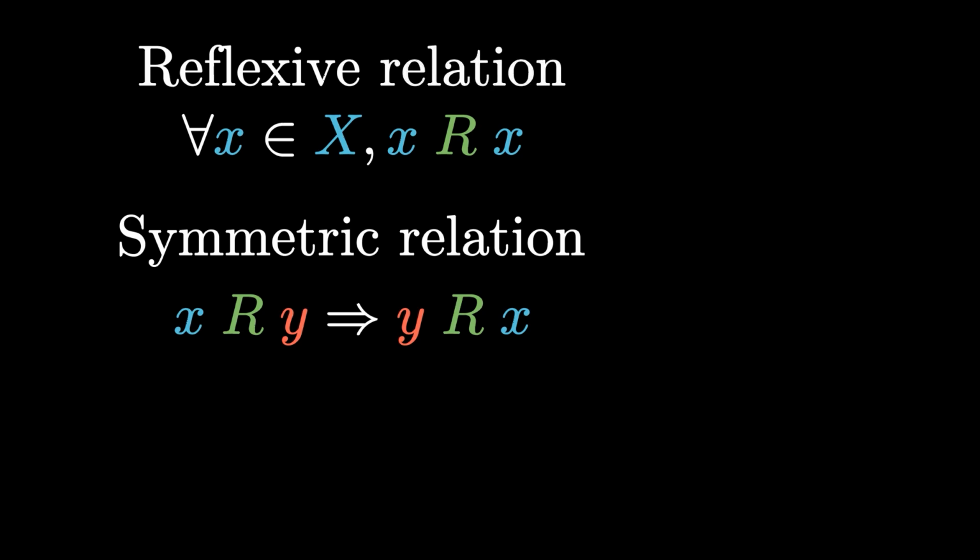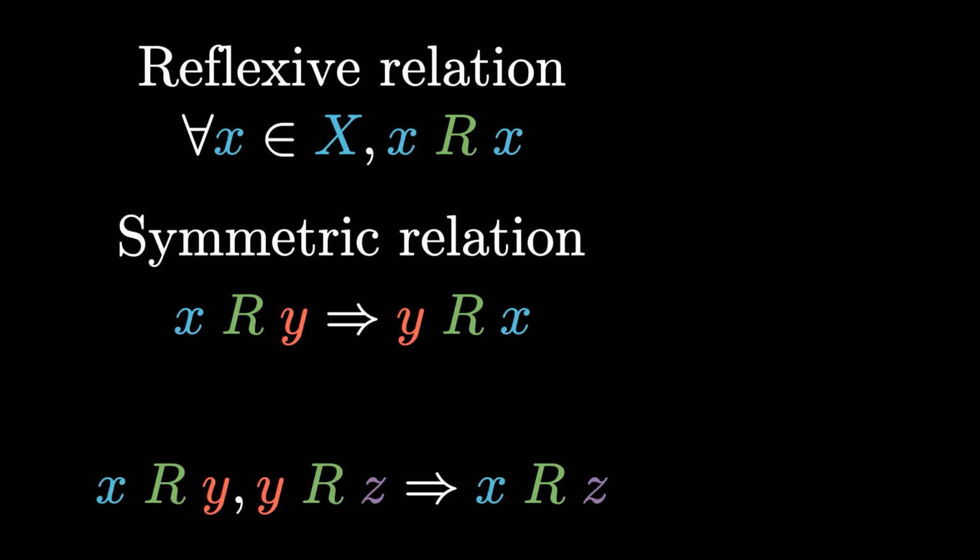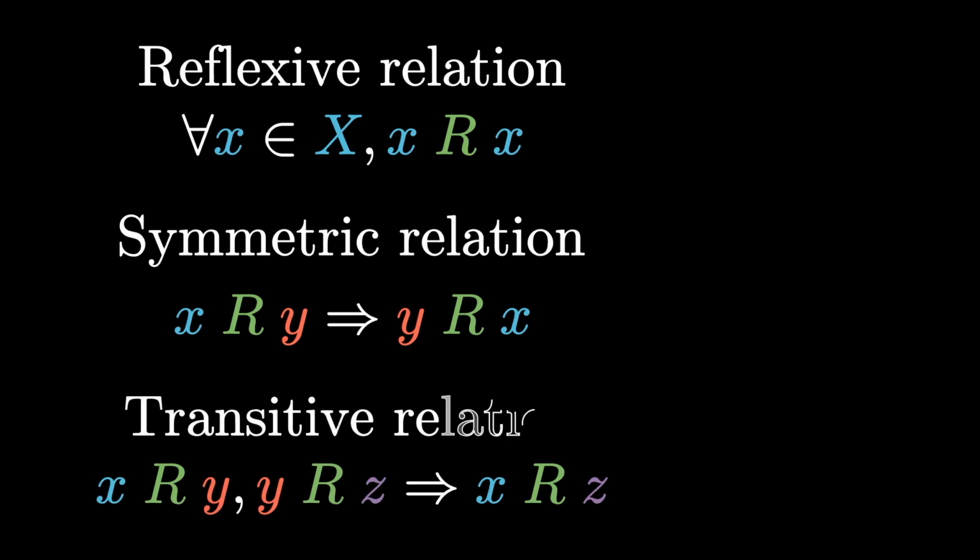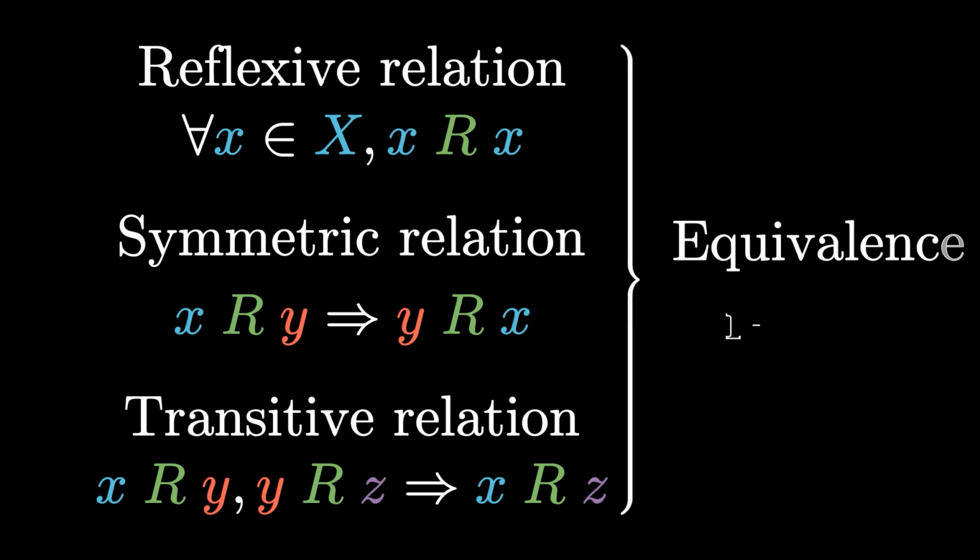Finally, one nice property of the less than relation is that if x is related to y and y is related to z, then x is related to z. This property of relations is called transitivity. Relations that are reflexive, symmetric, and transitive are really nice to work with, so they have a special name: equivalence relations.